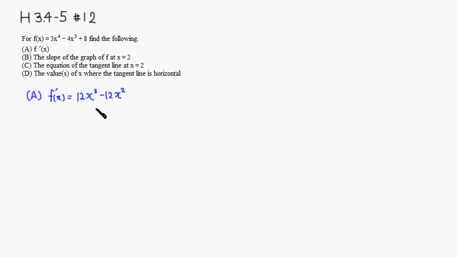Alright, slope of the graph at x equals 2. So all you have to do is plug in x equals 2 into the derivative function, so we find f prime of 2.